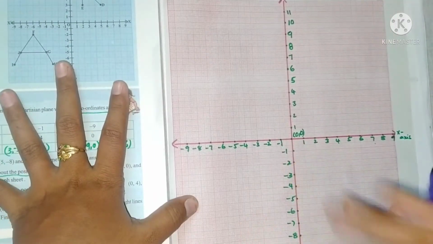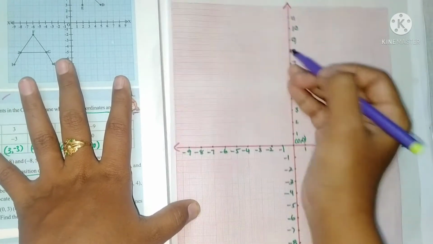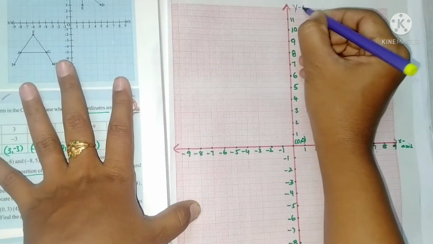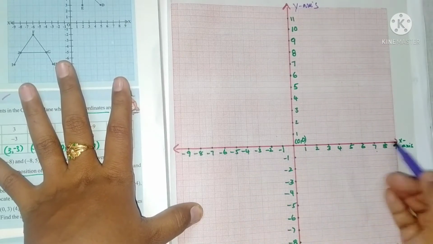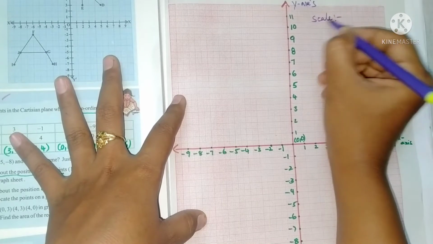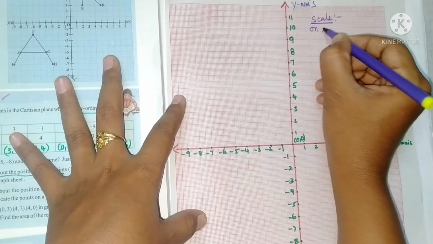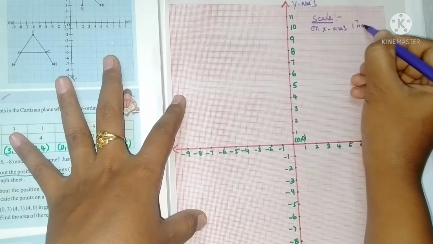Okay. So on the graph paper, x-axis is the horizontal line and y-axis is the vertical line. And then we have to write the scale also each time. What is scale? On x-axis 1 centimeter.